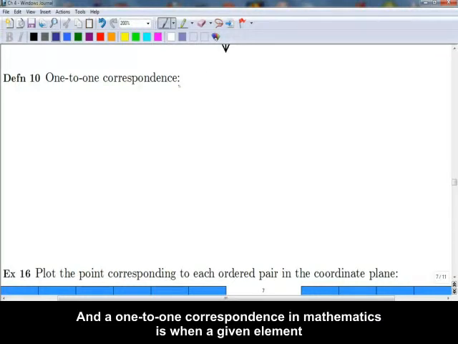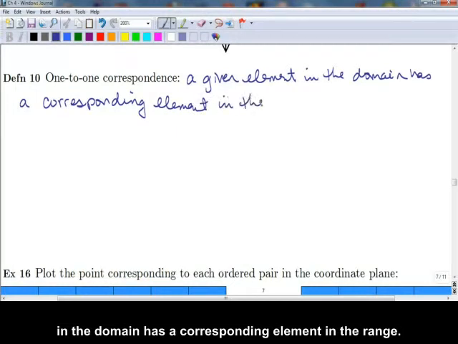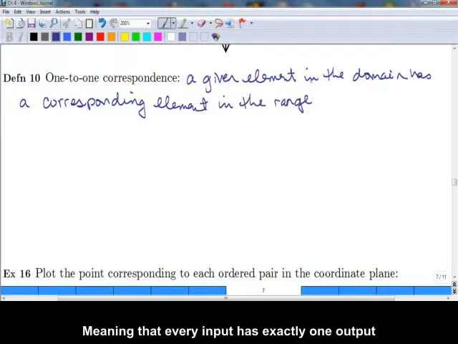And a one-to-one correspondence in mathematics is when a given element in the domain has a corresponding element in the range, meaning that every input has exactly one output and that every output has an input getting to it.